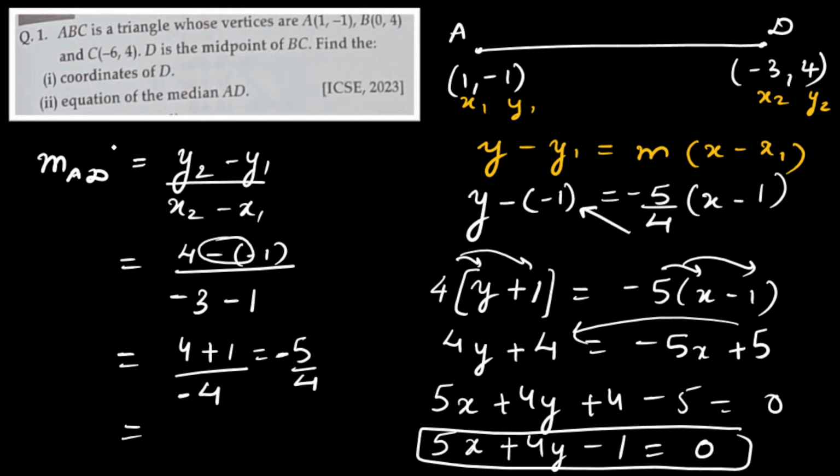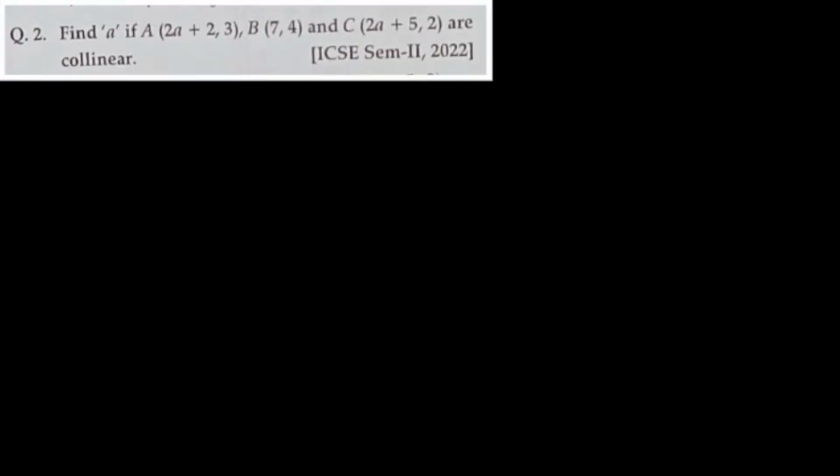So 5x plus 4y minus 1 is equals to 0. The equation of the median is this. I hope you are also getting the same one. Are you getting the same answer?